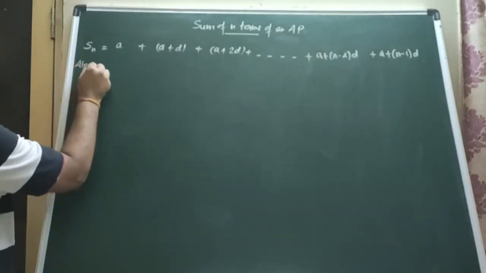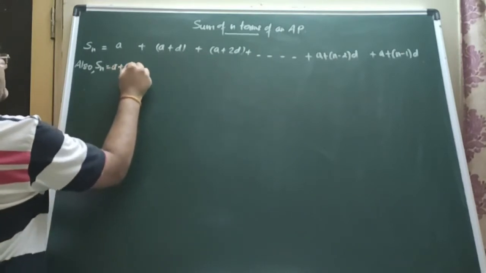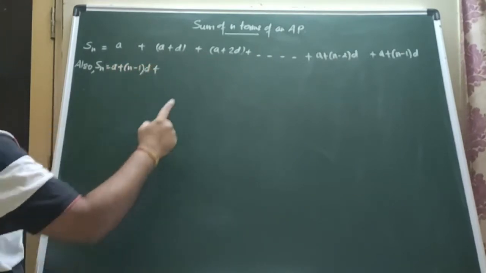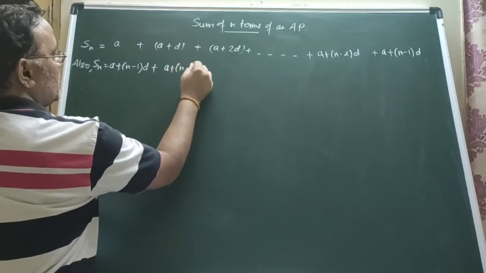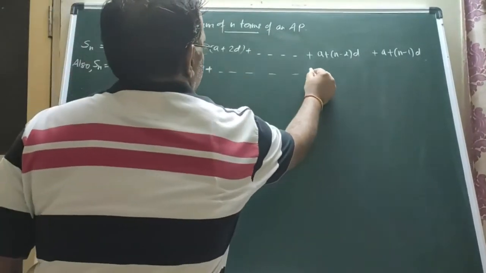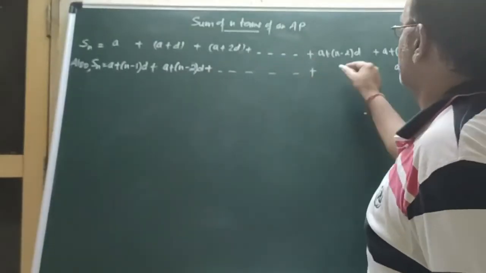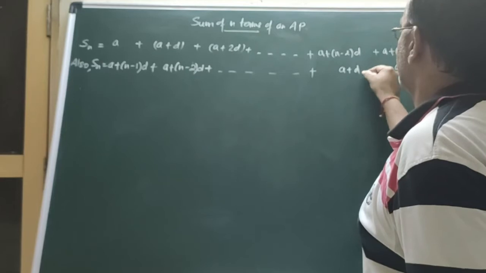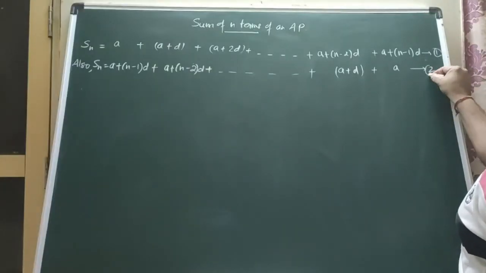Also Sn is equals to, now that will become the first term, and the second term a plus n minus 2 into d, so on. Then the last term will be a, and the second last term will be a plus d. Okay, right? So let it be the first equation and this is the second equation.